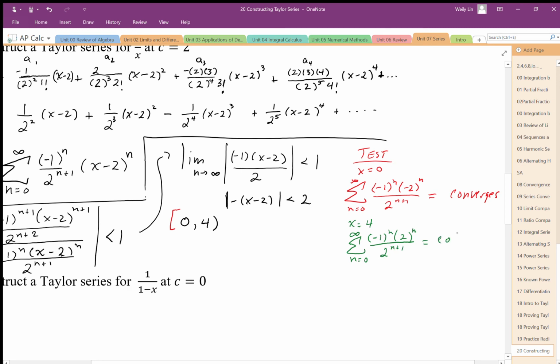Again, this converges. Okay, so then we can change this endpoint into equal to, and there's my interval of convergence right here. Okay, so that represents my interval of convergence. And maybe I'll just label that. Okay, so there we go.